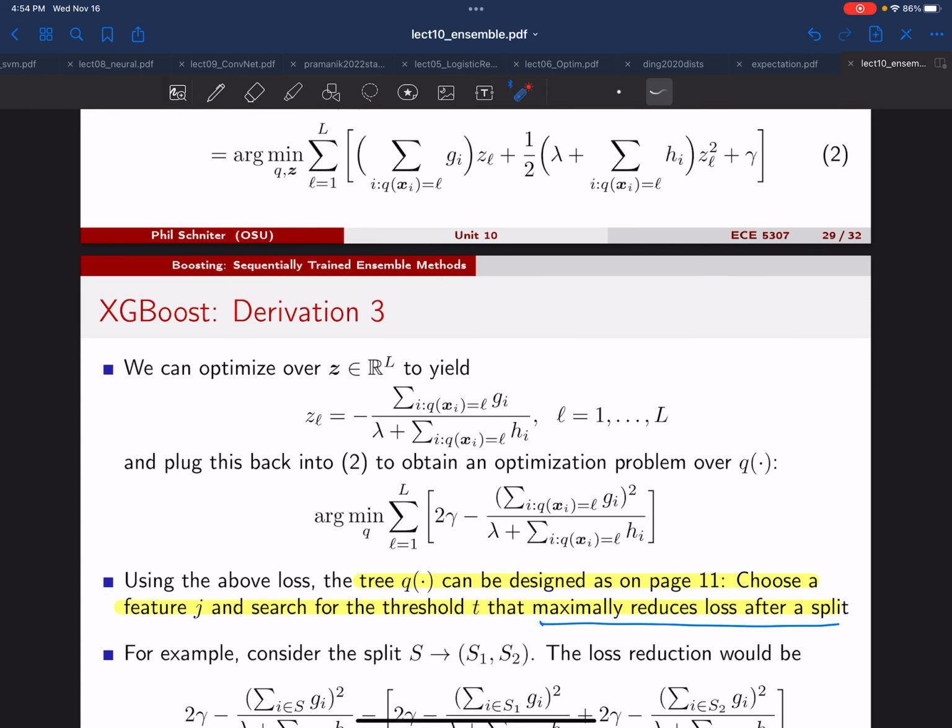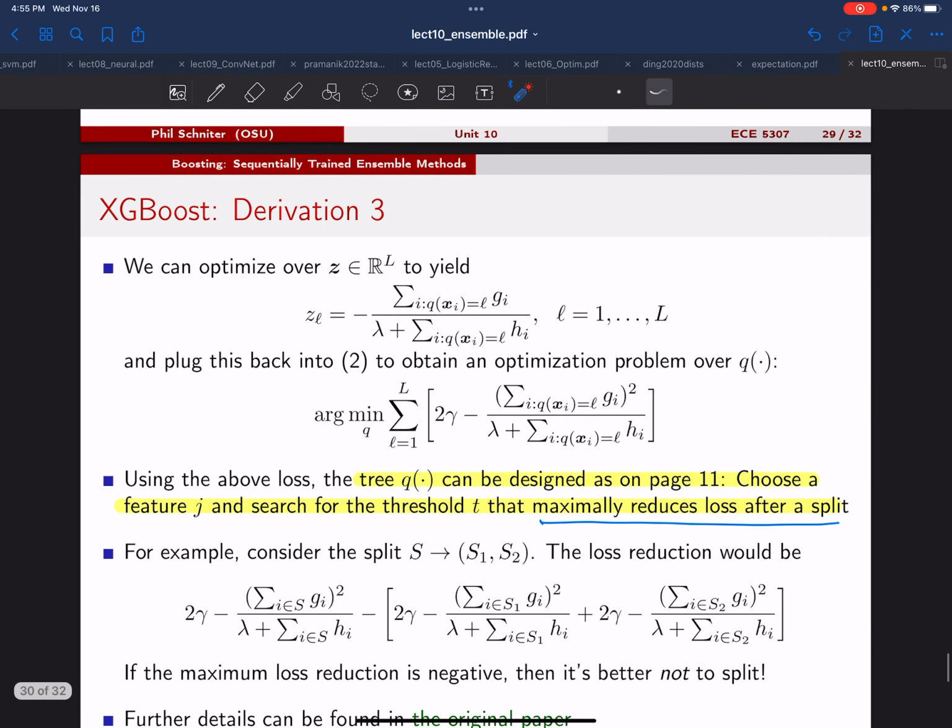So we look at all the different features and all thresholds, and we choose one of them, and that's going to split our data set into two. It's going to take all our training samples and split them into these two sets, which is like a branching of the tree. Then you take your S1 and try to split that again into two. You take your S2, you try to split that, and so on. So the one question is, when do you stop?